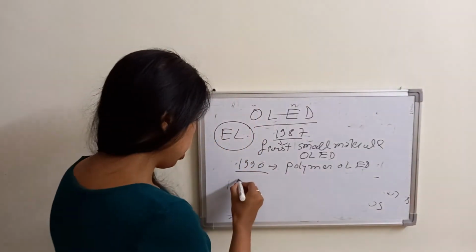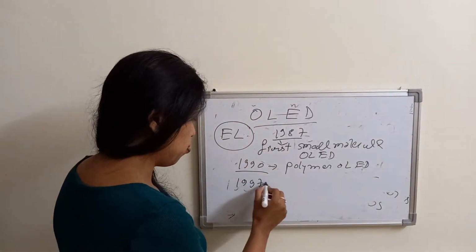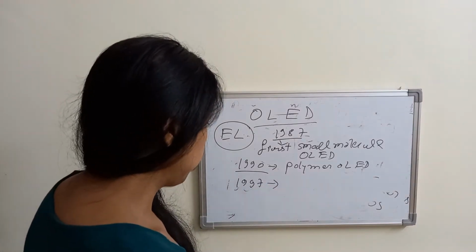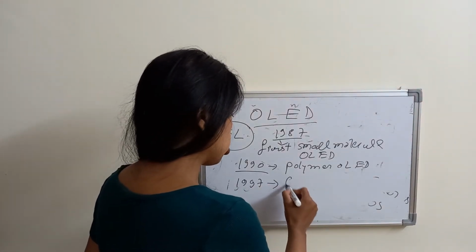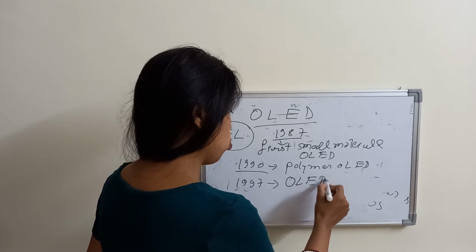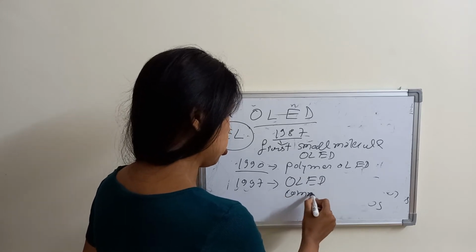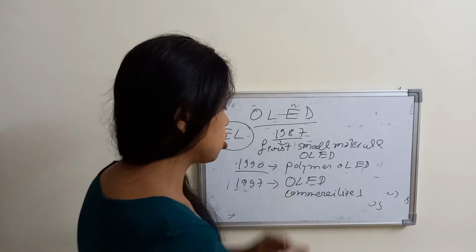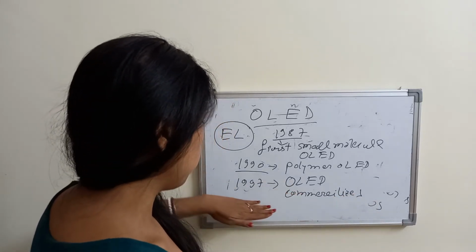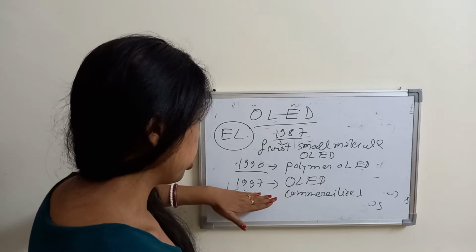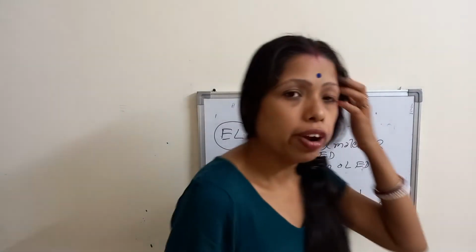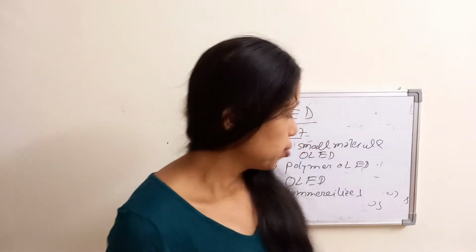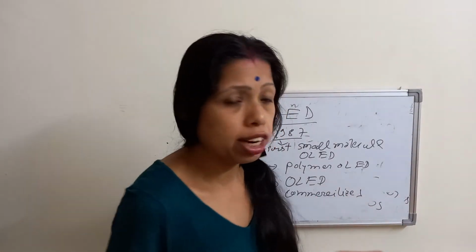In the year 1997, the first OLED was commercialized. Commercialized means such OLEDs were made which can be used in lighting and display applications.